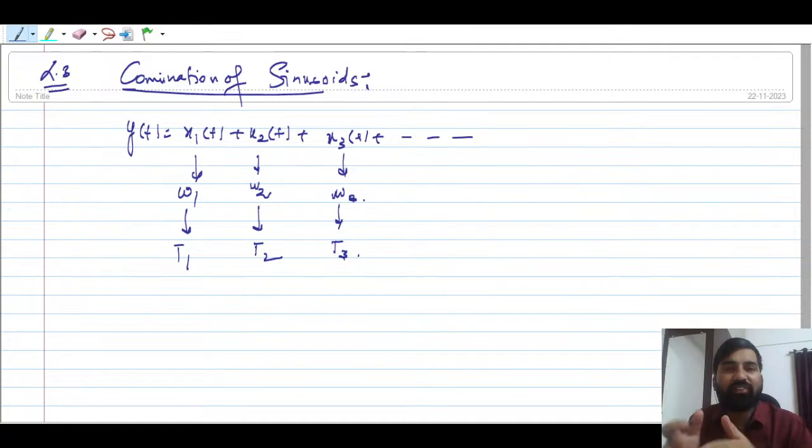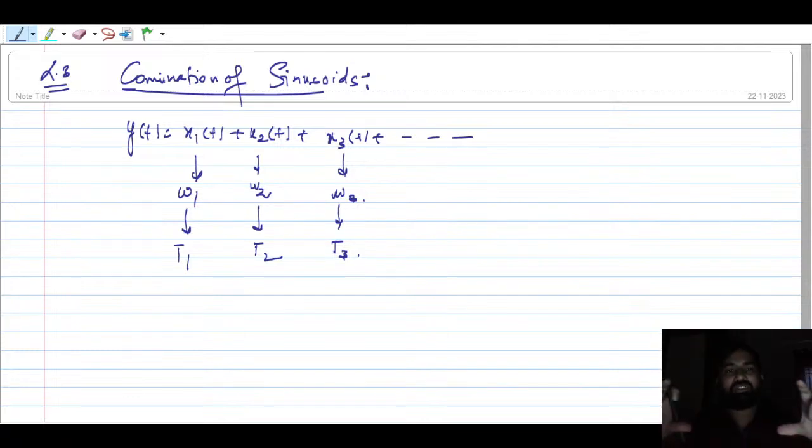But they will ask what is the fundamental frequency of these combined sinusoids, or they might ask what is the fundamental time period, right? So how do we find that? First of all, whenever a combination of sinusoids is given, you have to examine whether the given combination of sinusoids is periodic or not, right? So you have to first check whether it is periodic or not. That is very important to keep in mind.